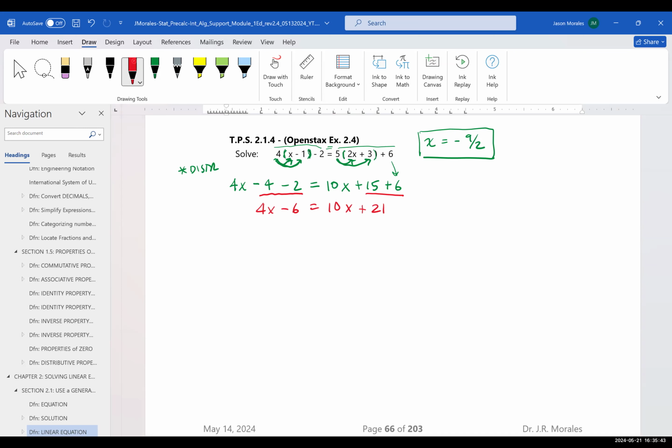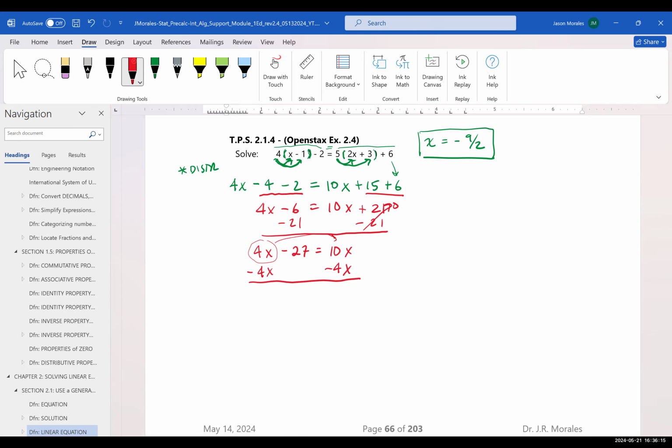So let's see here. Let's maybe move this 21 to the other side. So that gets us 0. And so we're going to have 4x minus 27 on that side. And now let's move this x over to that side.